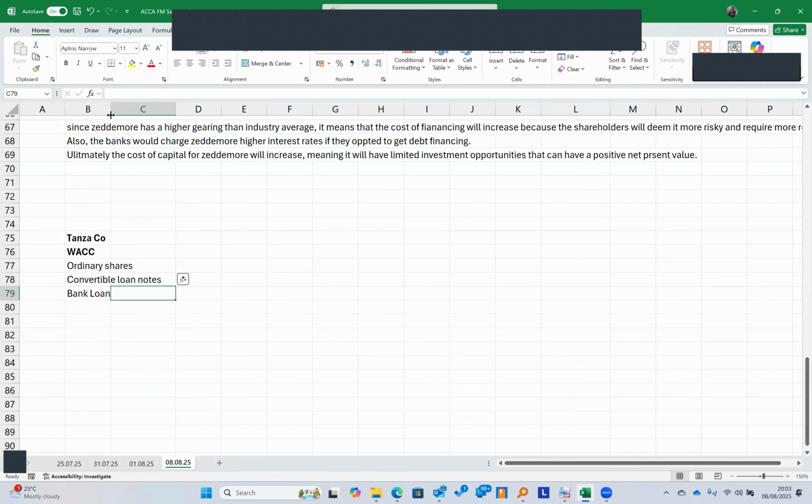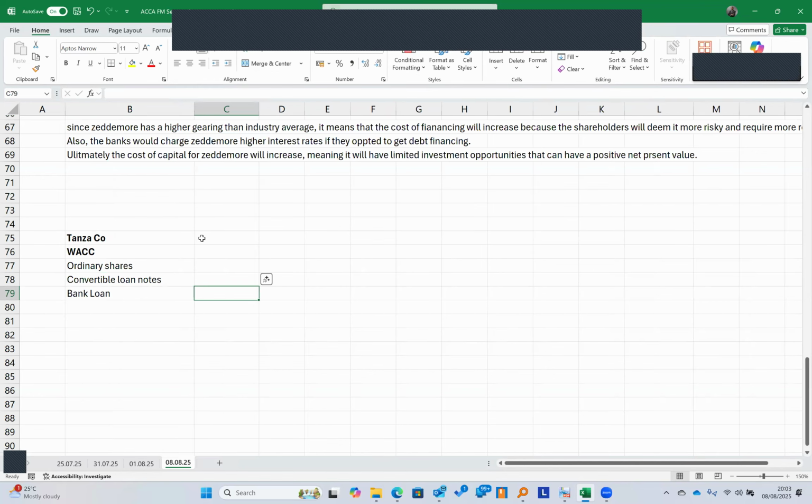So we said yesterday that you get the cost of capital, then market value, and then you multiply market value by the cost, and then you get your WACC.